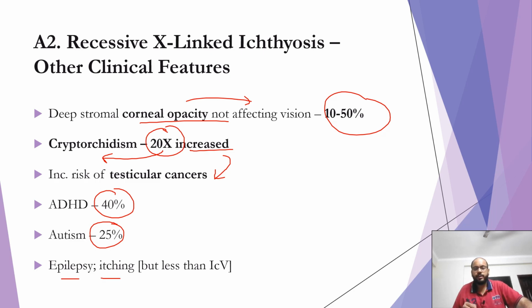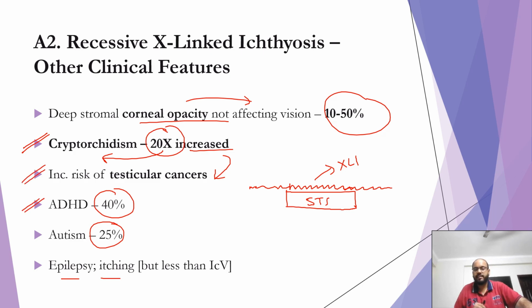Now remember I told you in the pathophysiology that if you have mutations in the STS gene, you have XLI. But if the mutation extends to the adjacent areas, you have syndromic XLI. Why? Because all the genes are located side by side, and if you have problems in the genes encoding for testicular migration, you have cryptorchidism and increased risk of testicular cancer, and you have neuronal problems like ADHD and autism.